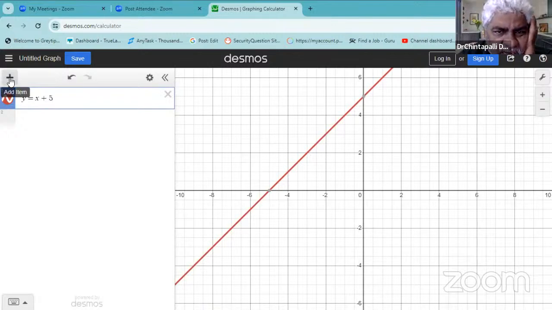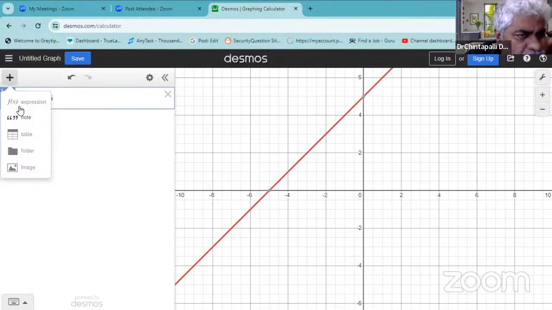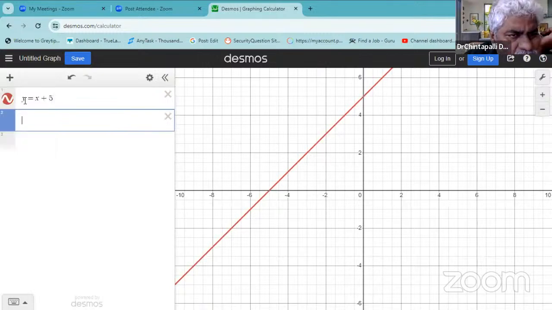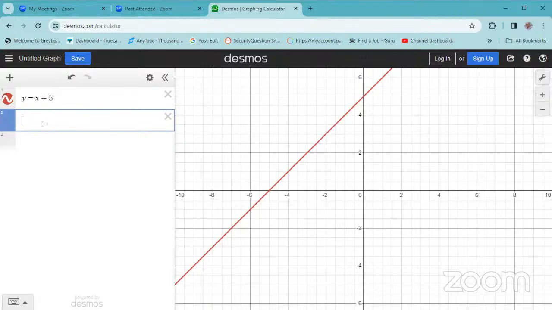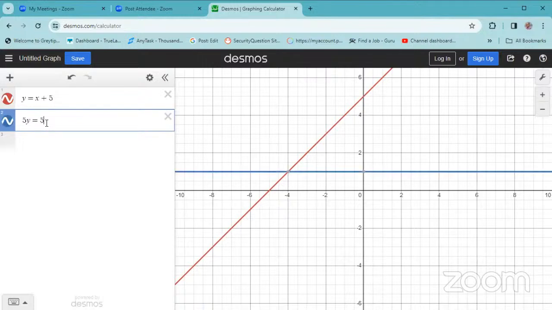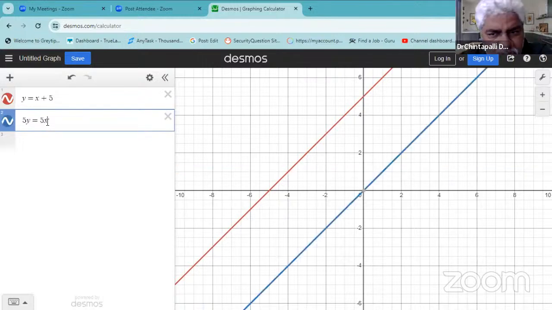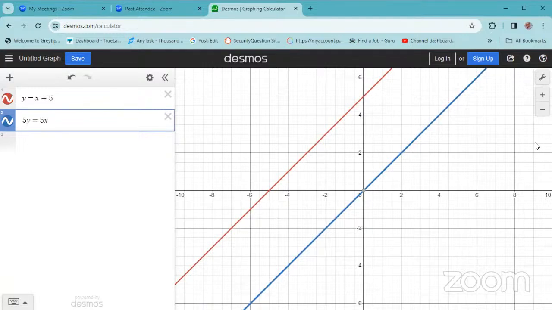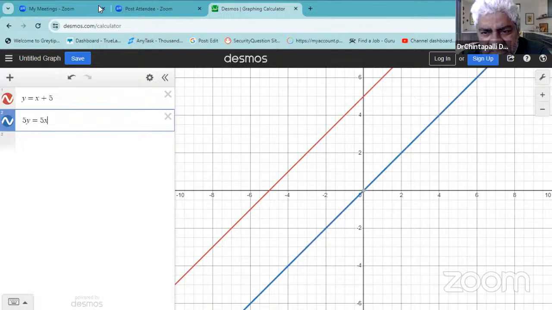Another graph. What's the other graph? 5y equals 5x. That means y is equal to x. Can we reduce its size so we can see it completely?